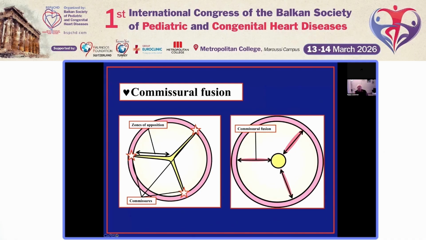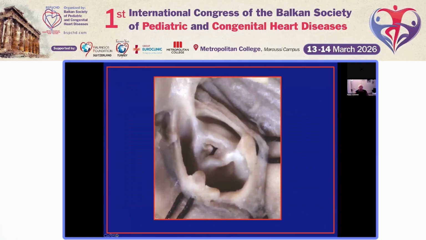And typically in the pulmonary valve, we have uniform commissural fusion, giving us a pinhole central meatus. And we can see that beautifully by looking down on this stenotic pulmonary valve, in this instance, probably critical pulmonary stenosis. There you see the so-called commissures, the peripheral attachments of the zone of apposition, and you can see the marked tethering at the level of the commissures.